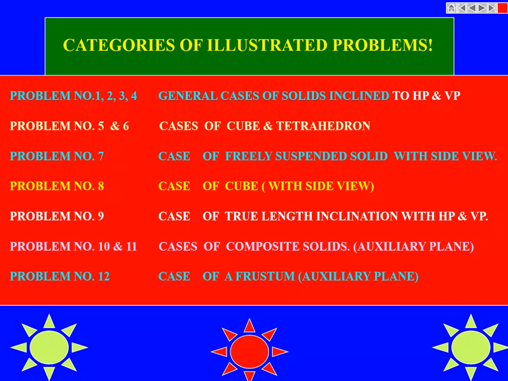Problem number 8 is the case of a cube, considering the side view. Problem number 9 considers the true length with respect to HP and VP inclinations. Problems number 10 and 11 are the case of composite solids where we are going to consider the auxiliary plane, and in case of the frustum, how we are going to pass the auxiliary plane and how we are going to retain the shapes of different entities.